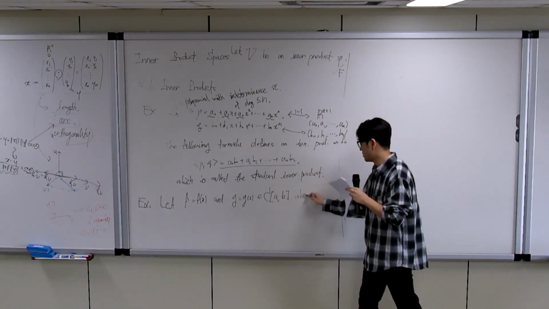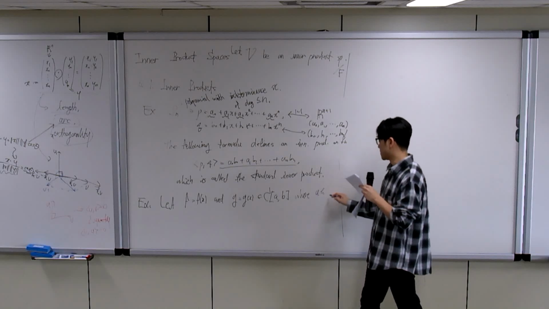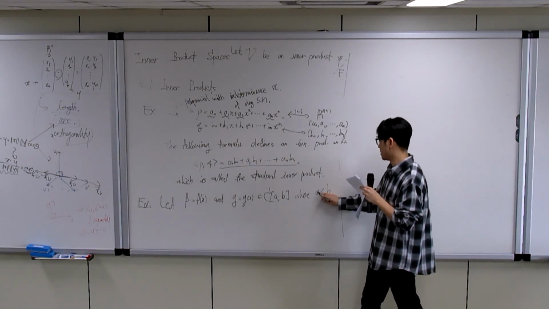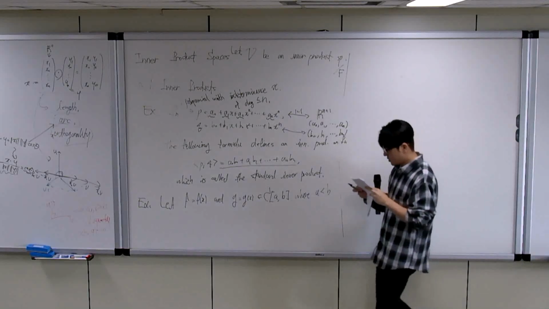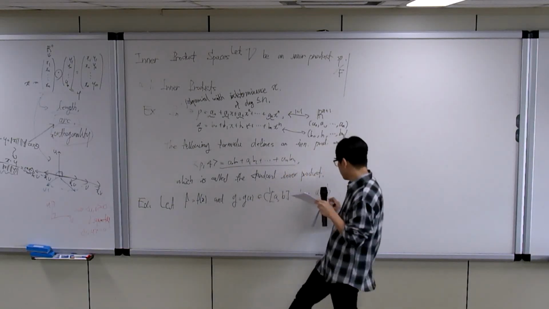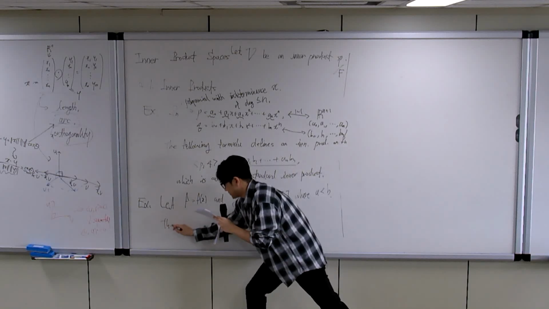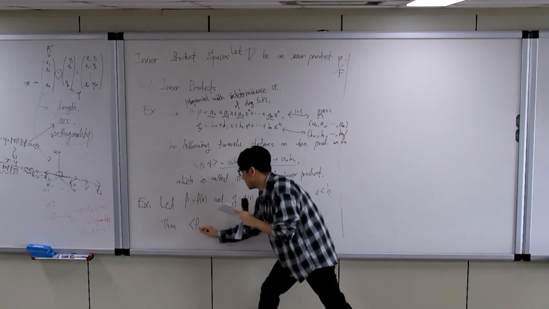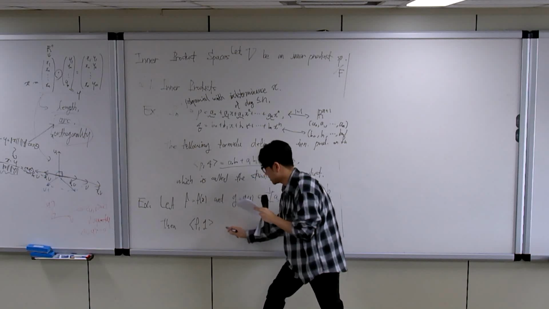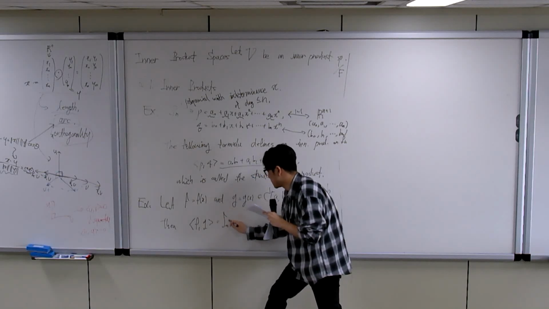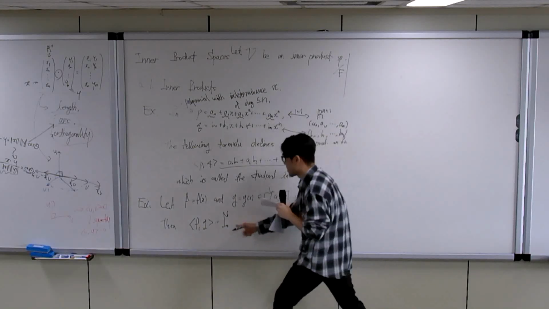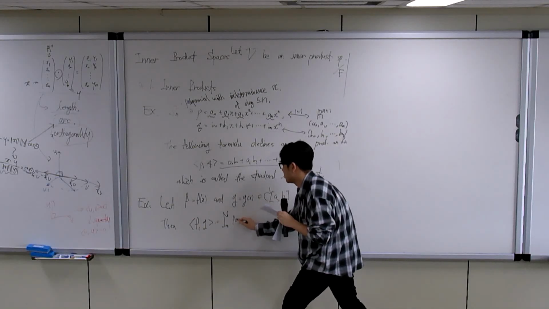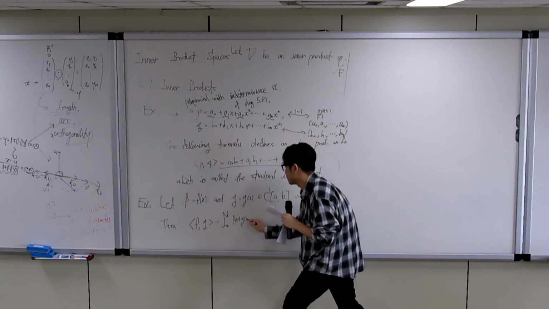Here a is less than or equal to b. I will say strictly less than b. Then the inner product of f and g is the integral from a to b of f(x) g(x) dx.